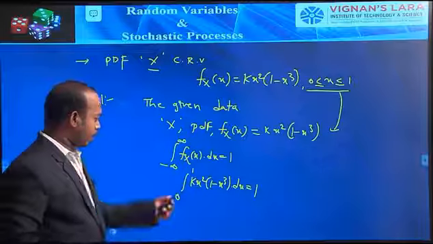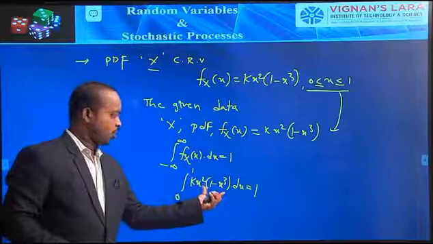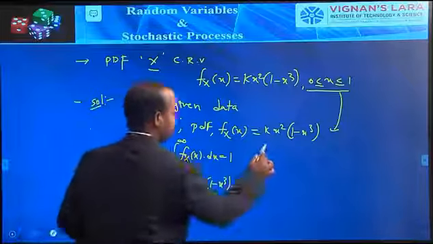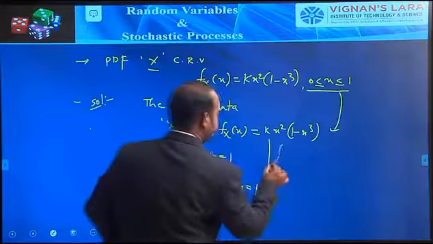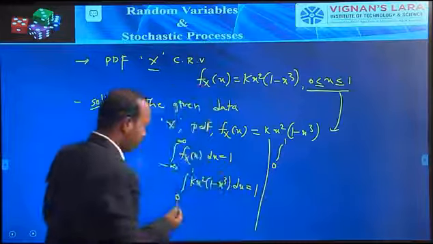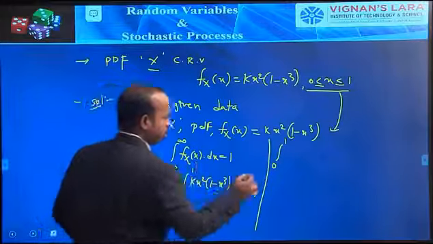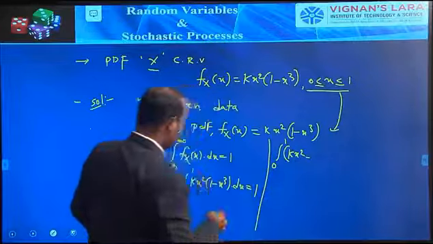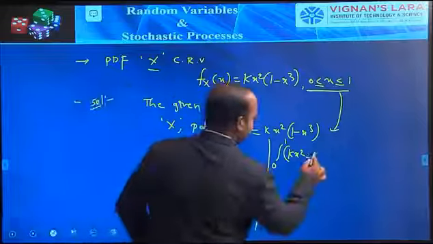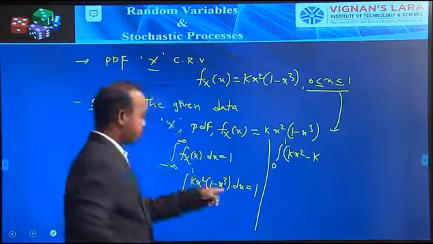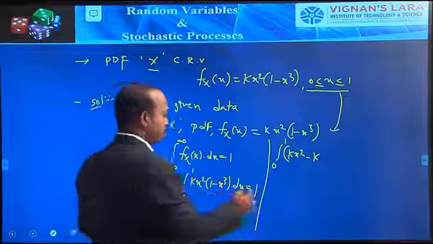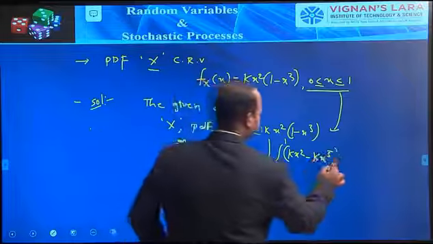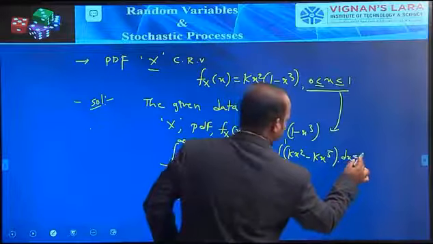Now you can multiply each and every term in the open braces, then apply the integration. The integral from 0 to 1, first I multiply k x square with 1, which gives k x square, minus, next multiplying the second element, x square times x cube, the sum of powers is x power 5, into dx equal to 1.